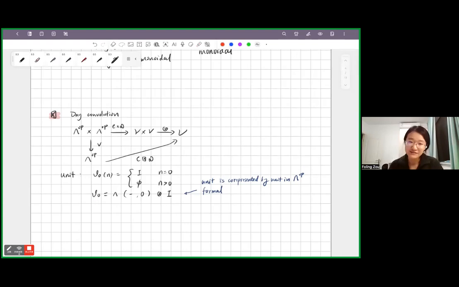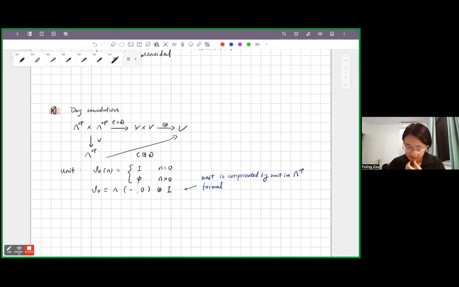It is corepresented by the unit in lambda op, and this is purely formal. So in particular, if we examine what precisely it is, it is the unit at level 0, and it is the initial object at levels greater than 0.